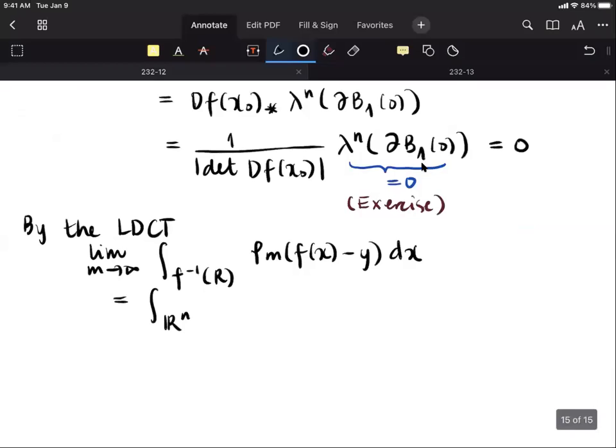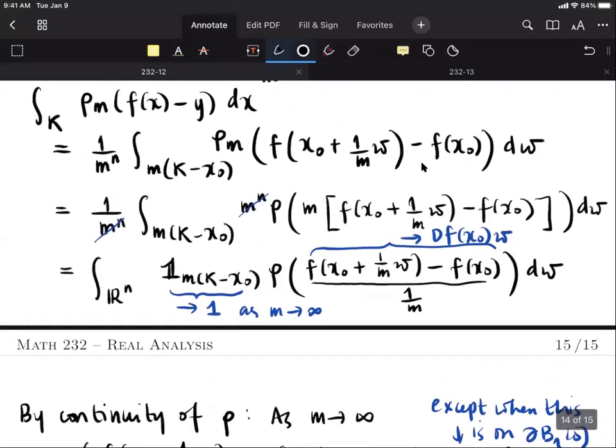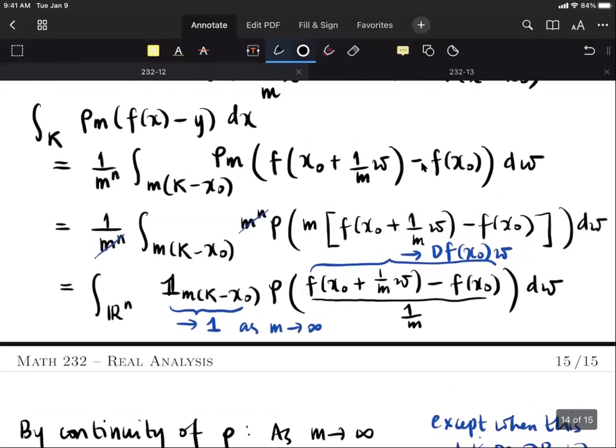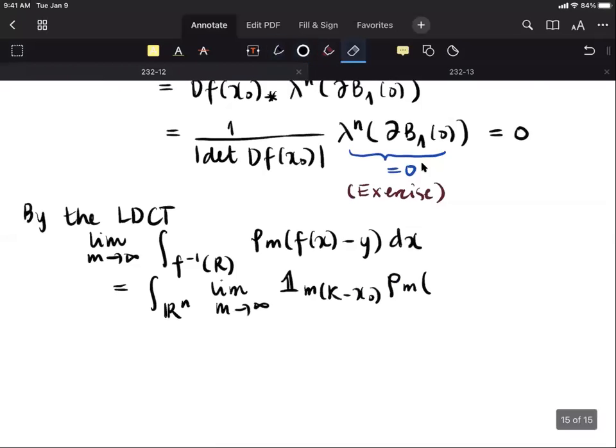So we can now interchange the limits and the integration, and you have the following. So let us simplify this.